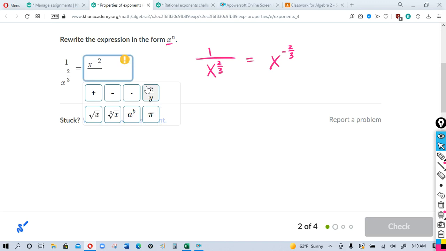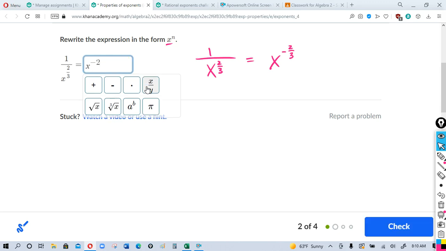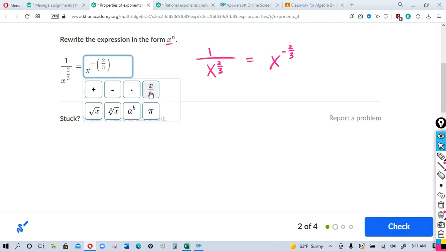That doesn't work either. Let me see if I can use parentheses. There you go. You have to use parentheses for the exponent 2 slash 3. So it's x to the negative 2/3.